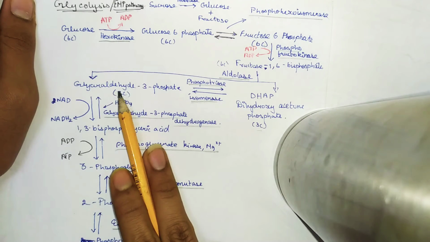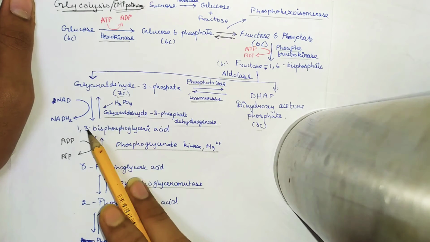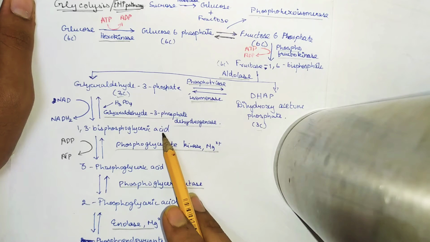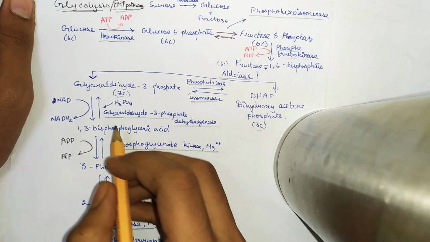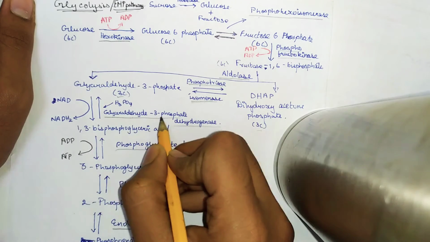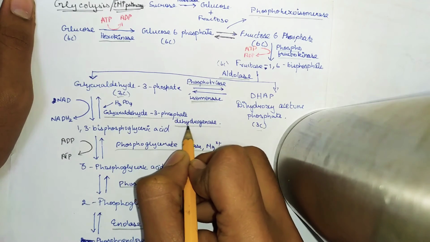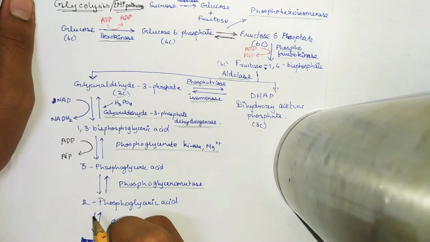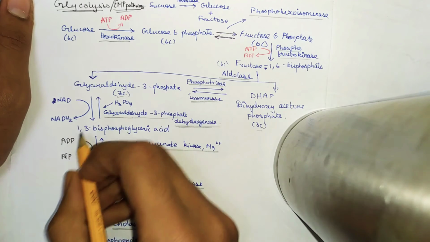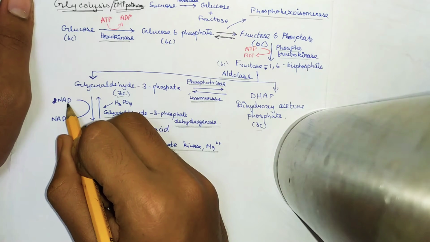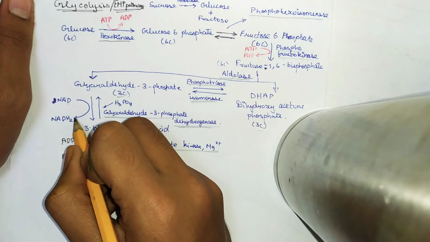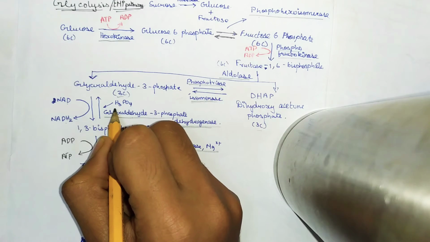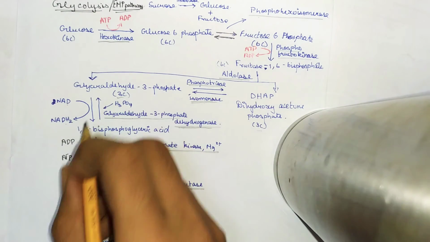Coming to glyceraldehyde 3-phosphate, it gets converted to 1,3-bisphosphoglyceric acid, and here the enzyme involved is glyceraldehyde 3-phosphate dehydrogenase. That means hydrogen is removed, right? If hydrogen is removed, there must be an acceptor for hydrogen. So NAD accepts the hydrogen and gets converted to NADH2. And also there is an addition of H3PO4 in this reaction.